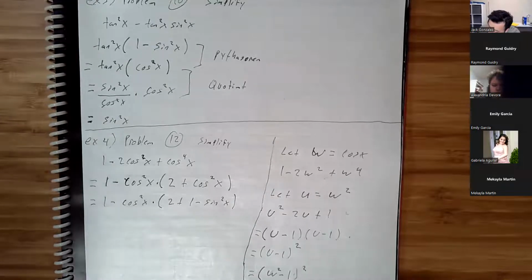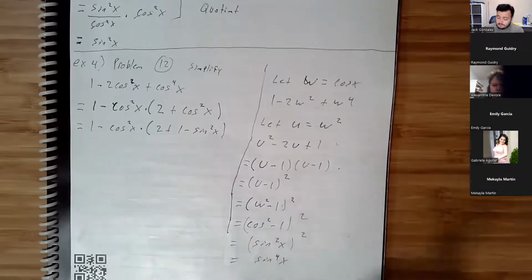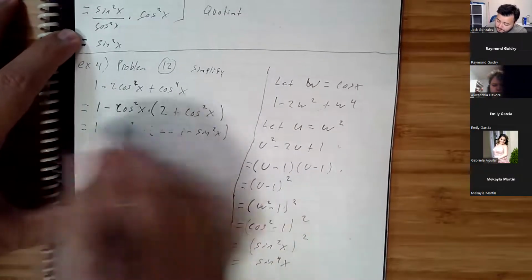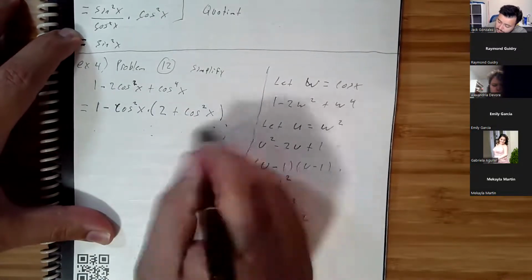Yeah, here we go. So we'll do it this way. Let's start over. It looks like factoring the trinomial might be better.